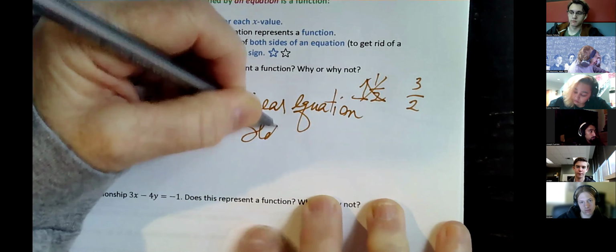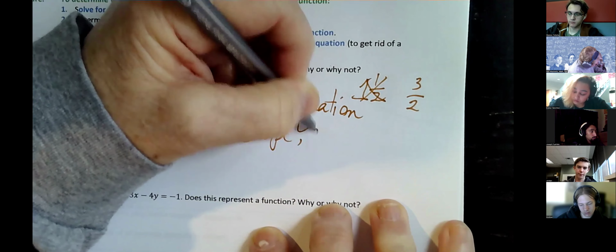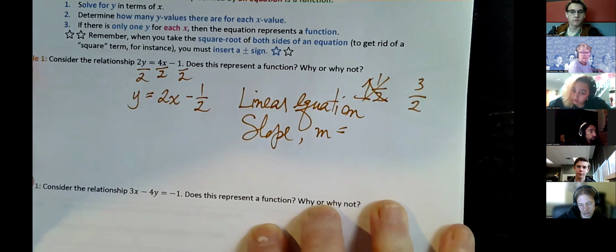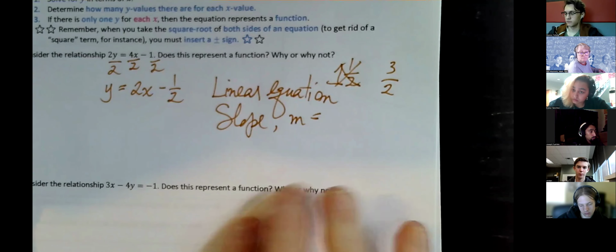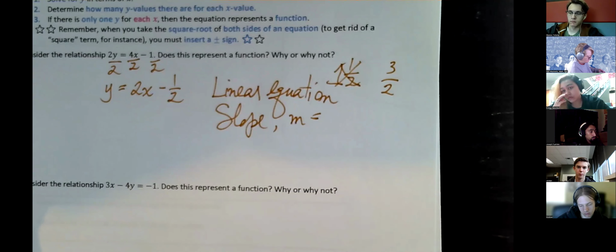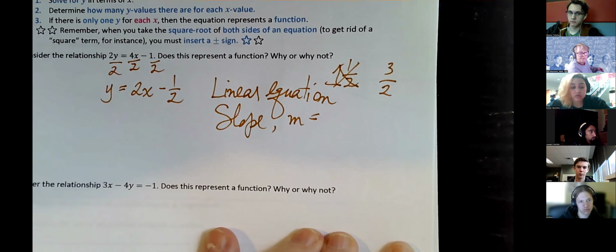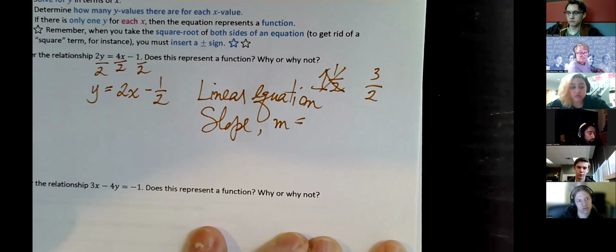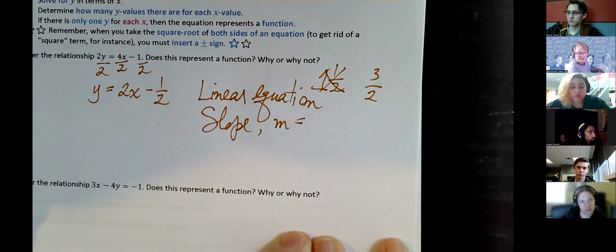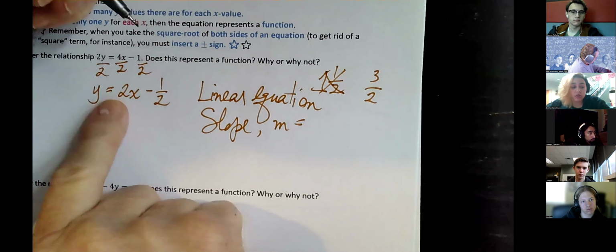Where the slope is which number? Is the slope the number next to x, or is the slope the number without an x? The number next to x. So the slope would be 2. Good.